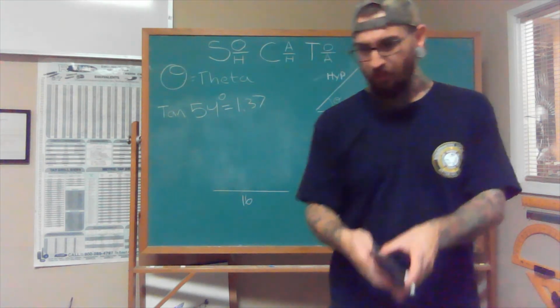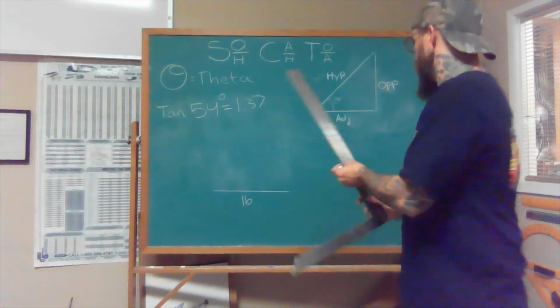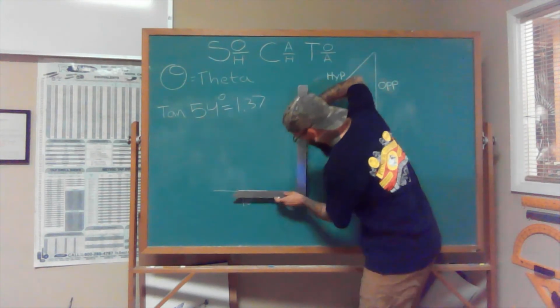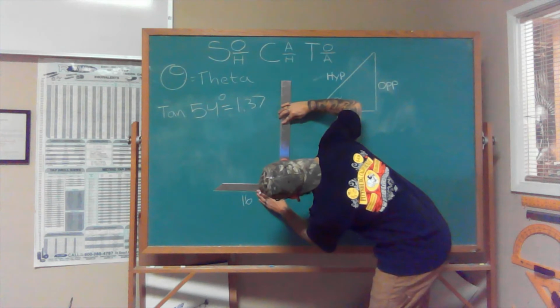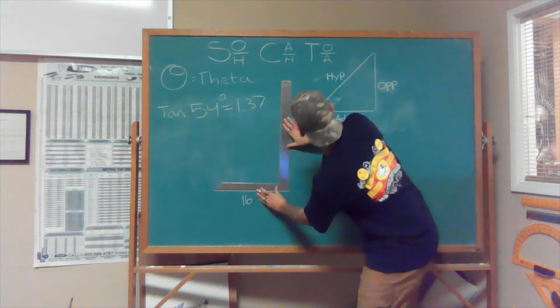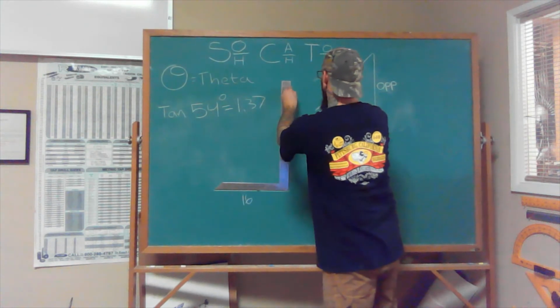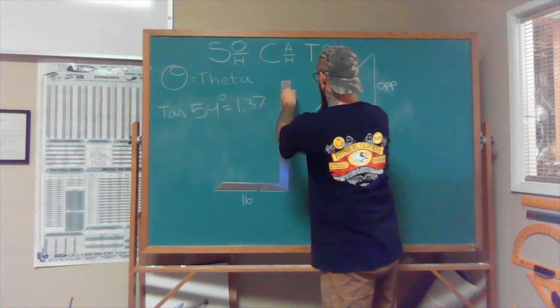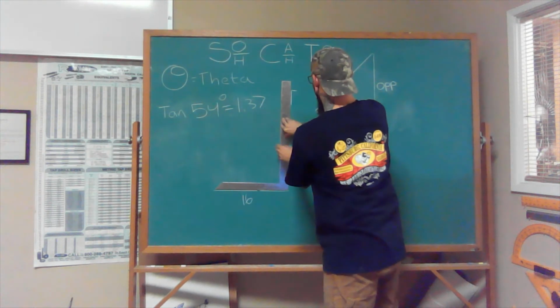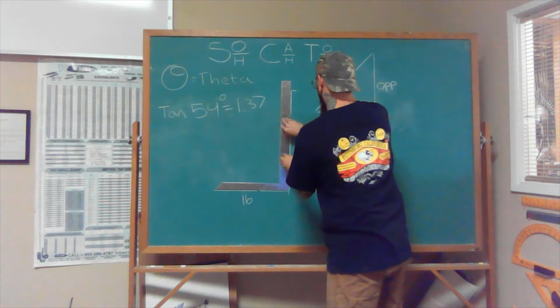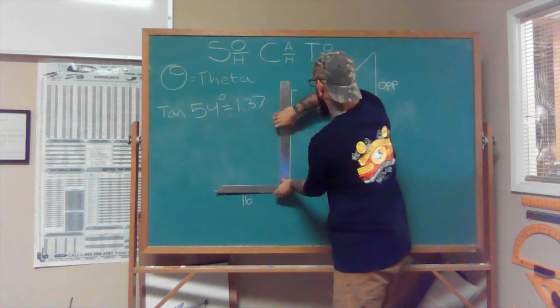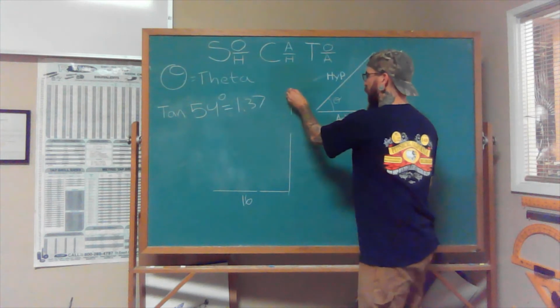So if I just take my framing square and I hold it back on the base right here to get it square, and I come up 22 inches right there, draw a line. Now, there's my 22-inch mark right there.